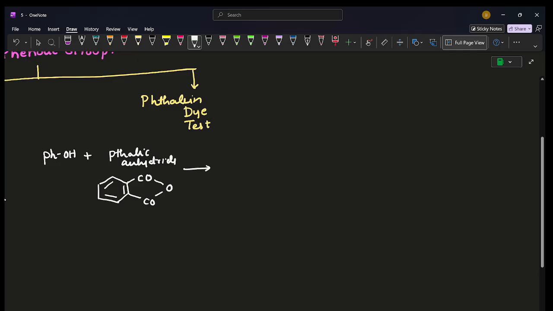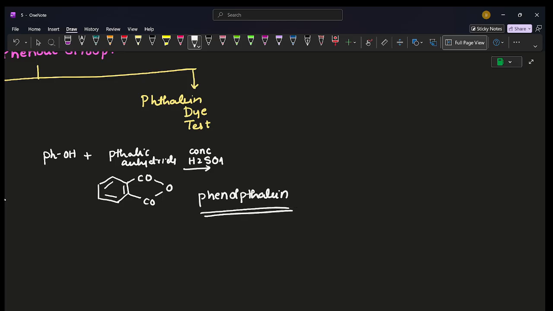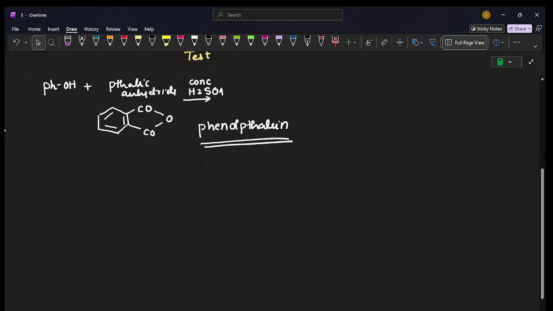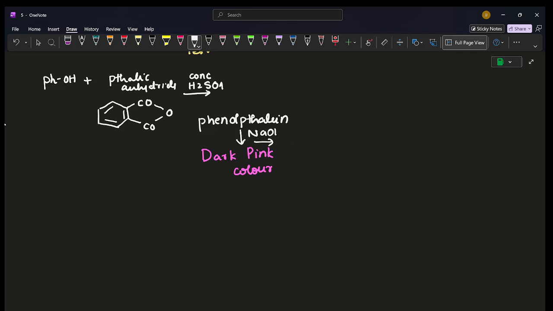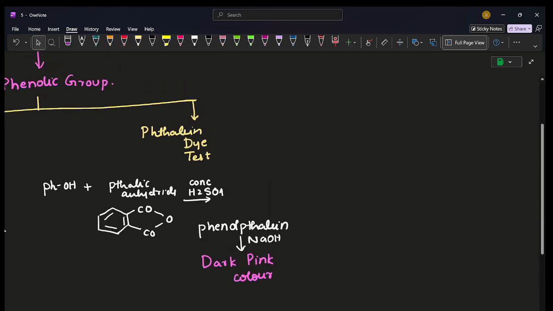When you do this in the presence of concentrated H2SO4, remember, you get phenolphthalein, and this phenolphthalein is basically a dark pink color with NaOH. This is the whole test. It's so simple.